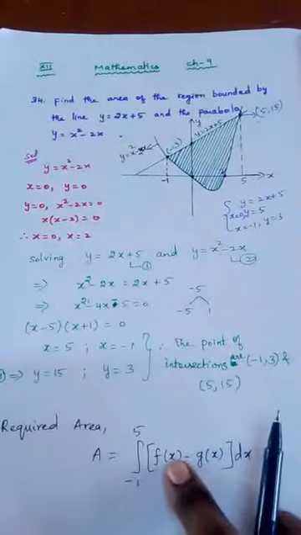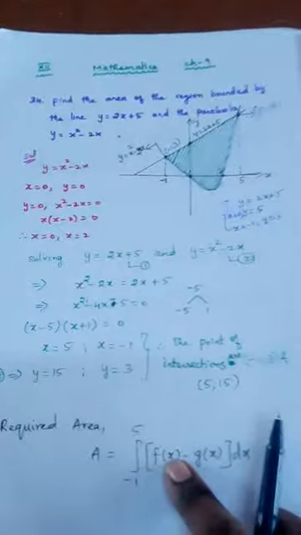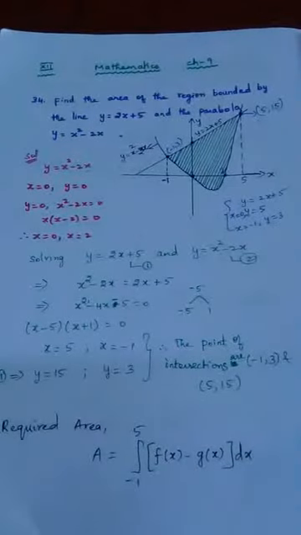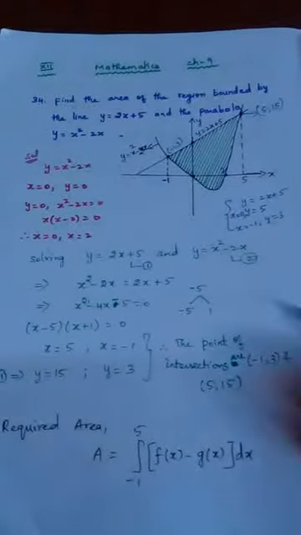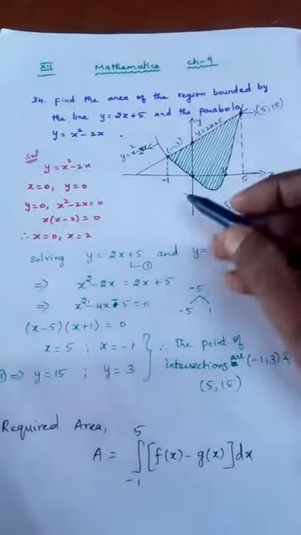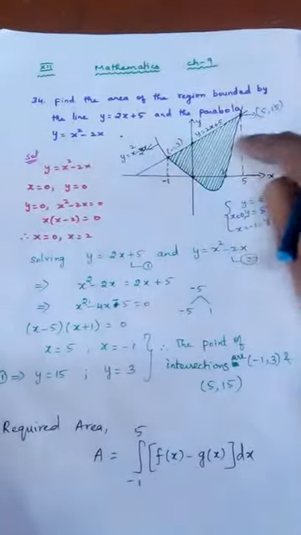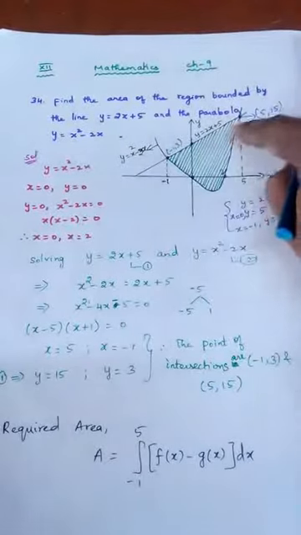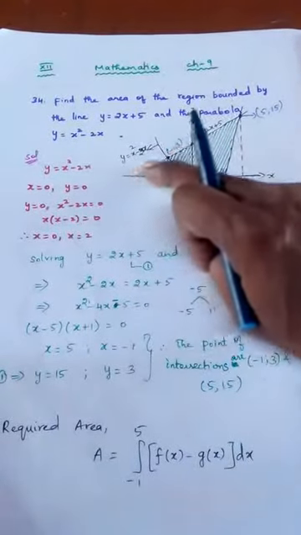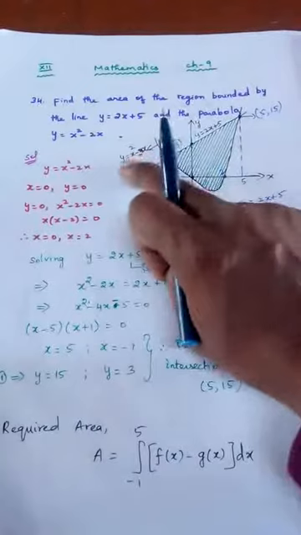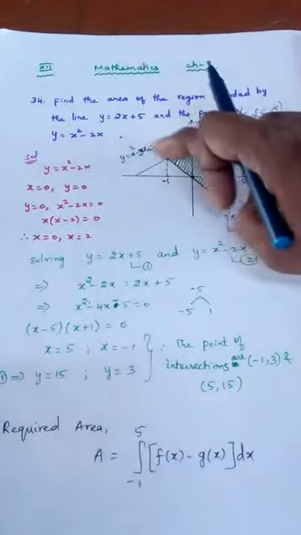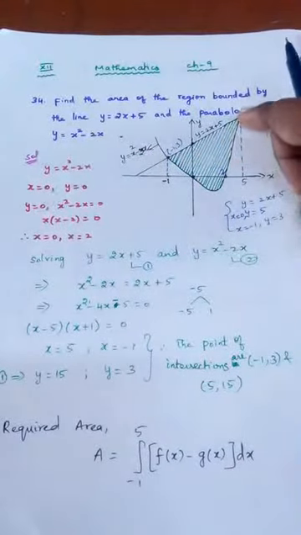Which one to be taken first? How to find that? Now you just see this diagram. You can understand that this is the limit, right? If I take the straight line as the first curve, you just forget about this parabola.